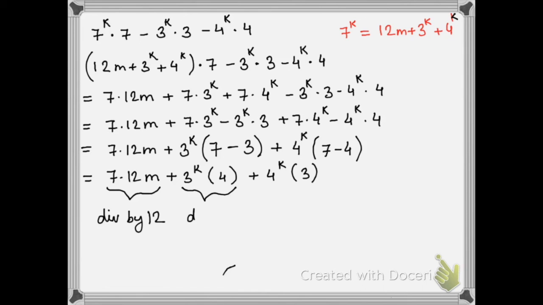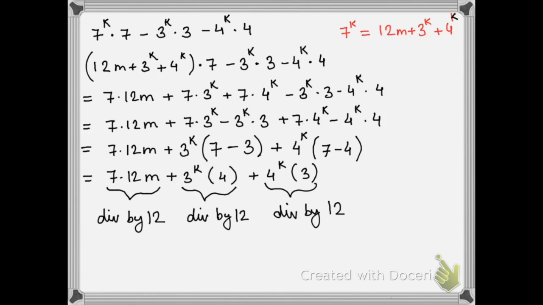So we know that this is also divisible by 12. And similarly, this is also divisible by 12 due to the same reason as I said before, because 4 is a factor of 12. And anything multiplied by 4 to the power of k is divisible by 12.